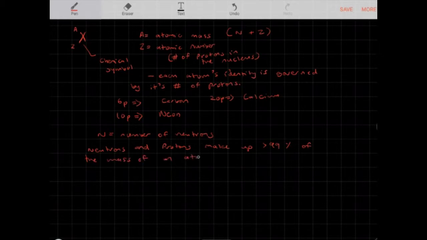So because it makes up 99% of the mass of an atom, all of the mass can be generalized as the mass in the nucleus, right? So the mass of the nucleus is the atomic mass, and this can be generalized as the mass of the atom. Okay, now although electrons do have a mass, it's very small, so it's negligible, we don't consider it, right?